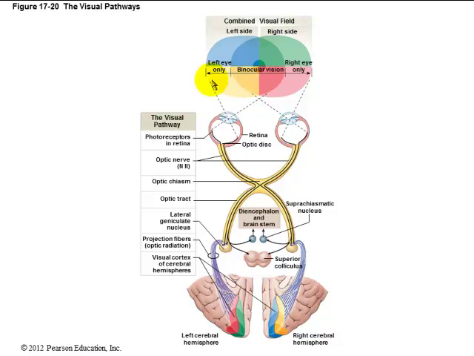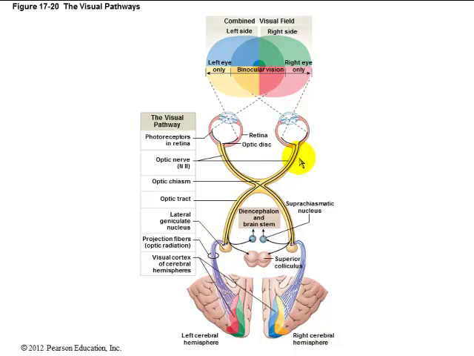So whether you saw it with the medial side of the left eye or the lateral side of the right eye, those pathways go to the right side of the brain. So anything you saw in the left visual field winds up in the right side of the brain, and likewise anything you see in the right visual field ends up in the left side of the brain.